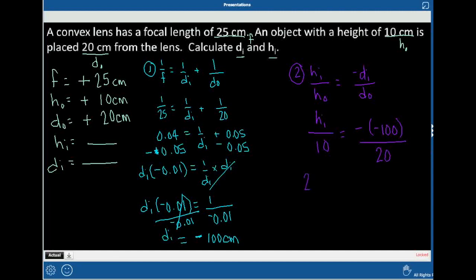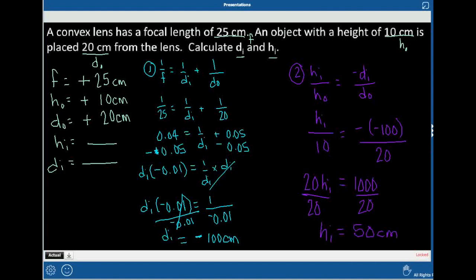So I'm going to have 20 times HI, because I'm going to cross multiply, right? And then I'm going to have 10 times 100, and it's going to be a positive 100 because we have negative and negative. And then I'm going to divide by 20. And my HI is going to be 50 centimeters.